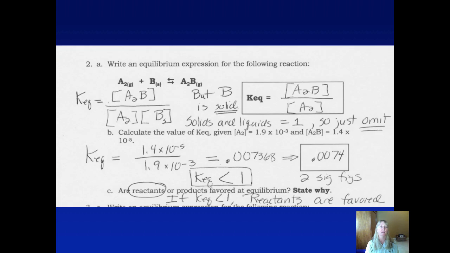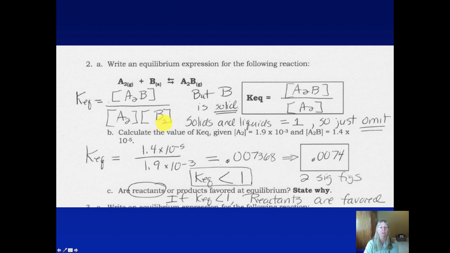Let's look at another example. Now there's a lot of writing here, so just look at the top part for the moment. Write an equilibrium expression for the following reaction. So you might have written A2B over A2 times B with brackets around them. But B is a solid.